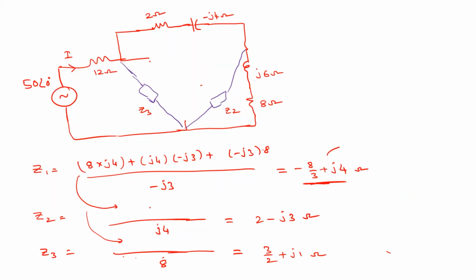Sir, but even if we consider minus 8 by 3 only, afterwards it will come into its original form itself. No, you cannot represent a resistance as minus 8 by 3, right? Okay. It's just a calculation, right?